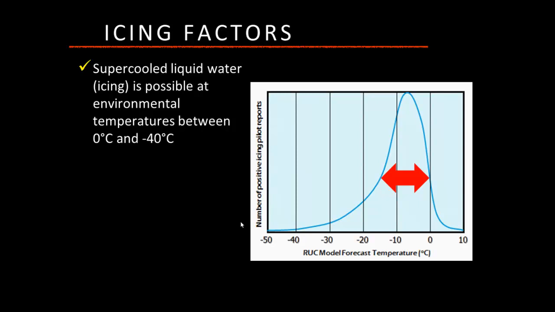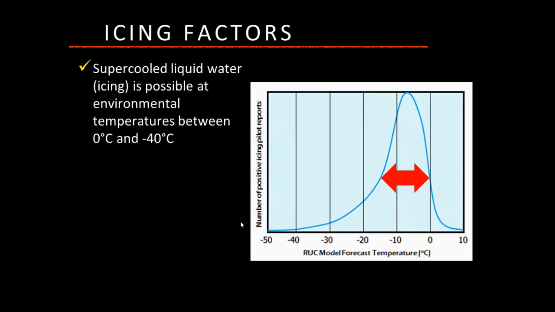Once you get colder than -40, you get what's called homogeneous freezing, and that essentially freezes no matter how pristine the drop is, it will freeze. And most of the crystallization that occurs is due to that nucleation event called heterogeneous freezing.